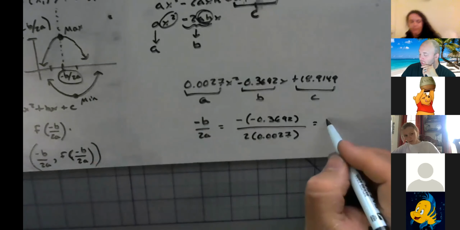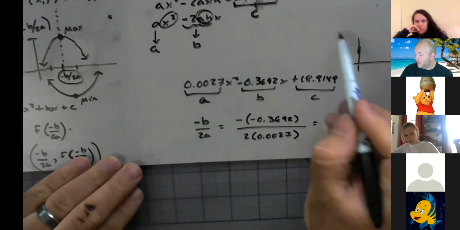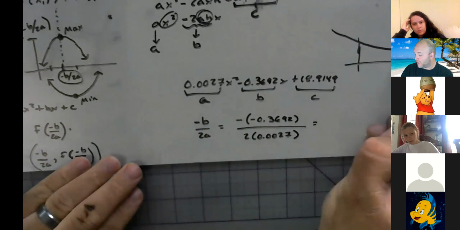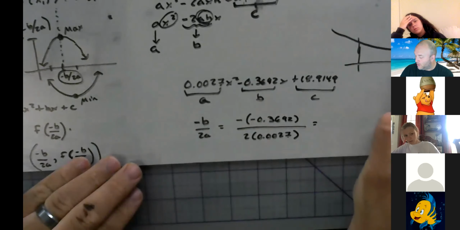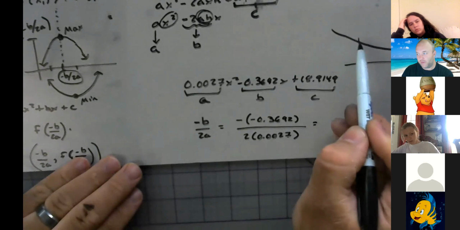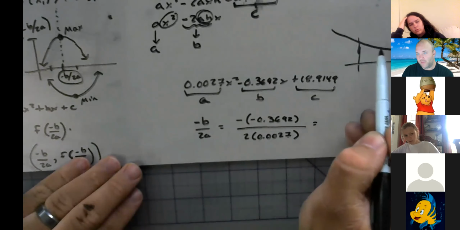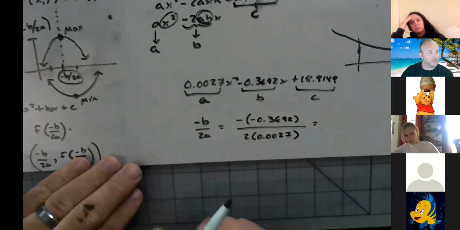No, we want to negate it, because if I understood my function correctly, it's going to be doing something like this, which means this x value minimum is going to be a positive value. Because if it's decreasing from that initial amount of 18, and it's concave up, it's going to land somewhere on the positive x side.